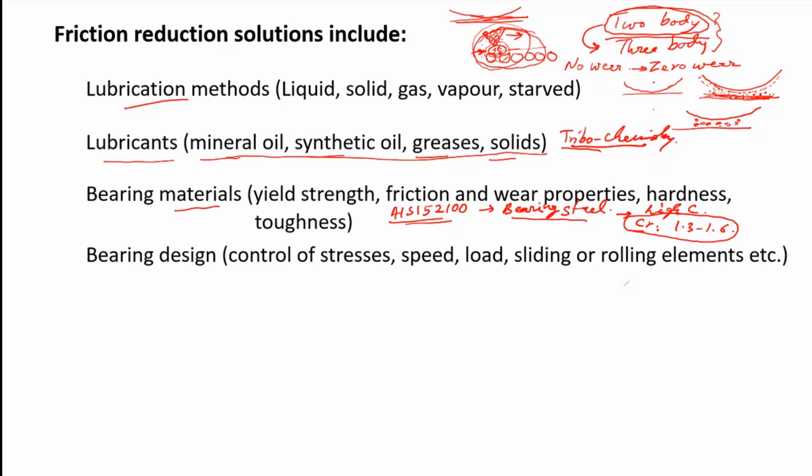What are the main alloys of stainless steel? Carbon and iron. Carbon and iron, okay, but there are some other elements which make it stainless. Otherwise, it will be a normal steel.